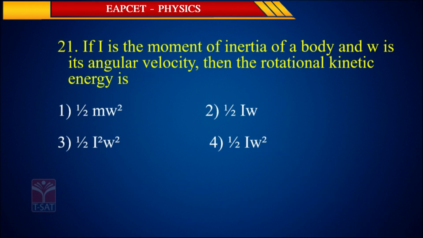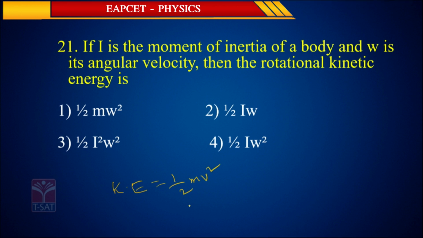Next, question number 21. Children, if I is the moment of inertia of a body and omega is its angular velocity, then the rotational kinetic energy is, you know, kinetic energy is equal to half mv square.